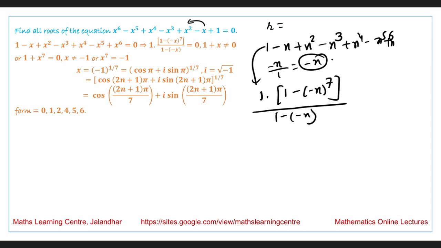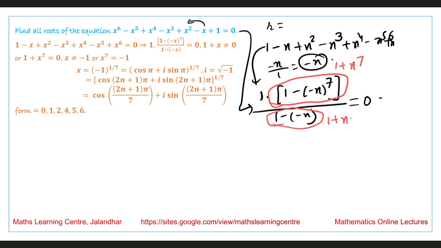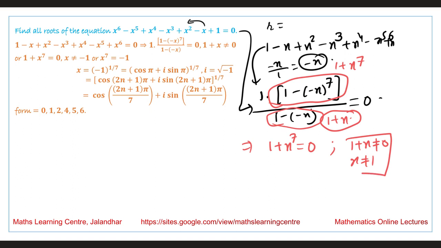And we are saying that this is equal to 0. This term becomes 1 plus x, and the numerator becomes 1 plus x raised to the power 7. So this implies that 1 plus x raised to the power 7 is equal to 0, and the denominator 1 plus x cannot be equal to 0, which means x cannot be equal to minus 1.